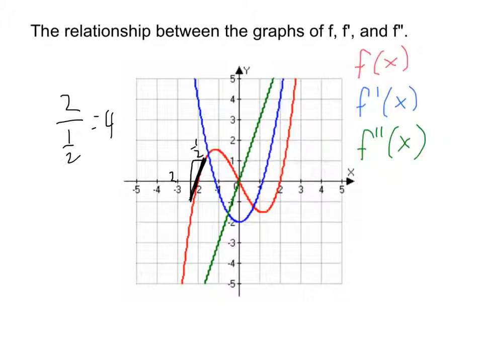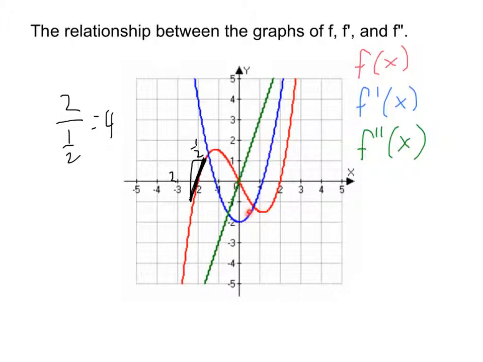Let's look at how f prime looks compared to its slope function f double prime. So here we have a negative slope that's fairly steep, okay, but it gets less and less steep as we come till we finally hit 0.